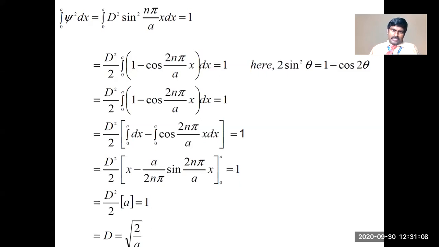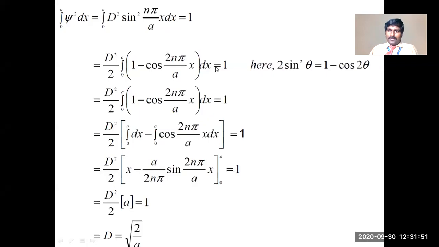Now this sine square theta we can write, instead of writing 2 sine square theta, directly as 1 minus cos 2 theta. Just we will be dividing the equation by 2, so automatically it will be equivalent to 1 minus cos 2 theta, n pi by a into x into dx equal to 1.